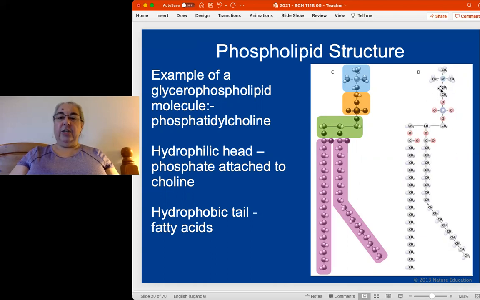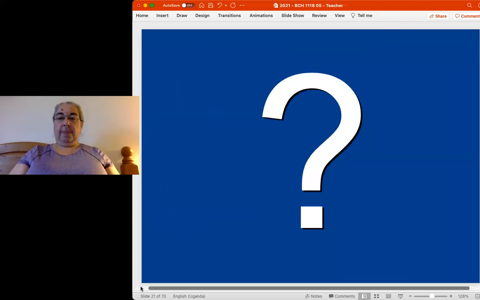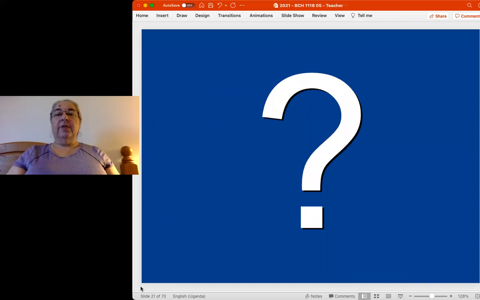So this is its charged head. Okay, so pause and think of any questions, but if it's about phospholipid structure, wait for a few weeks and you'll learn a lot more about that in your biochemistry lectures.